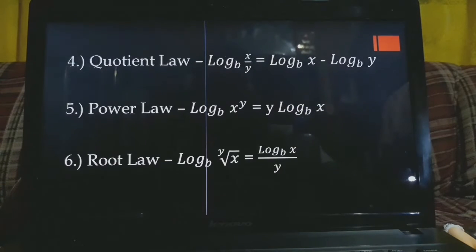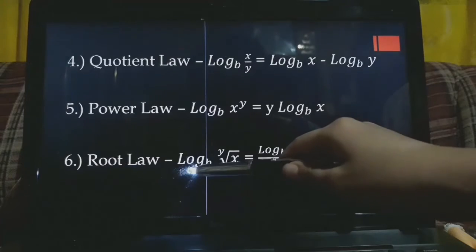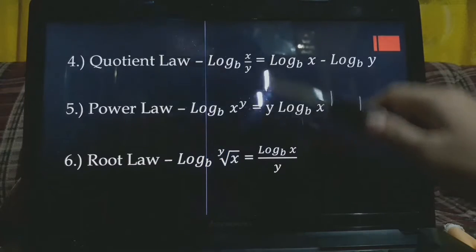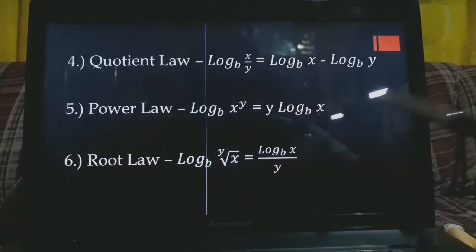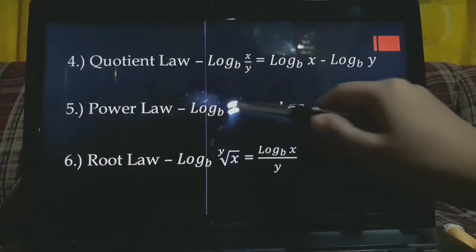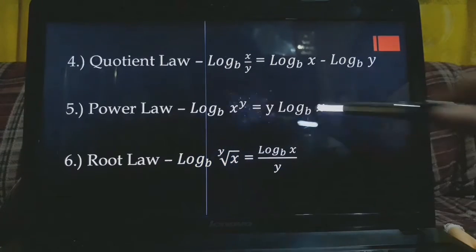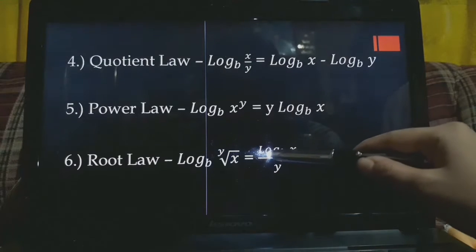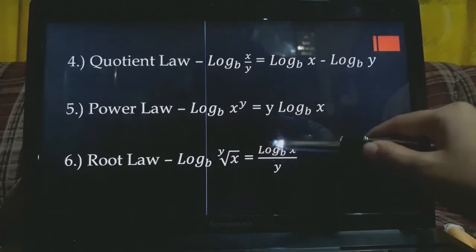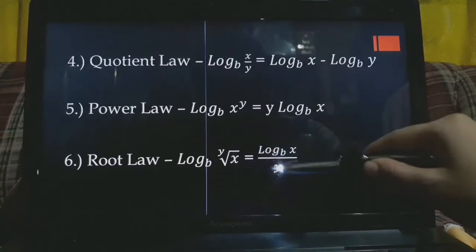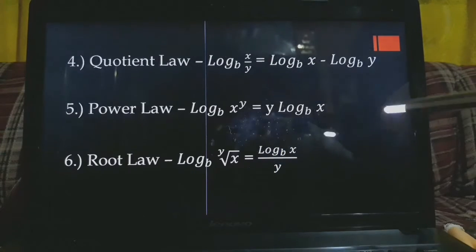Next, root law. Logarithm of y root of x to the base of b is equal to logarithm of x to the base of b, over y. Here it is.